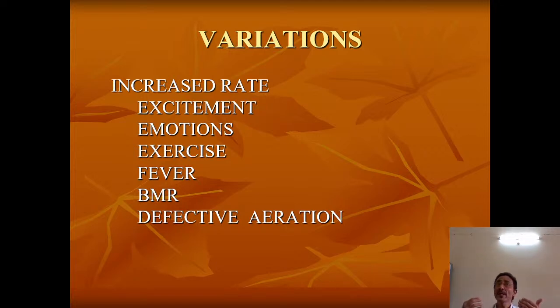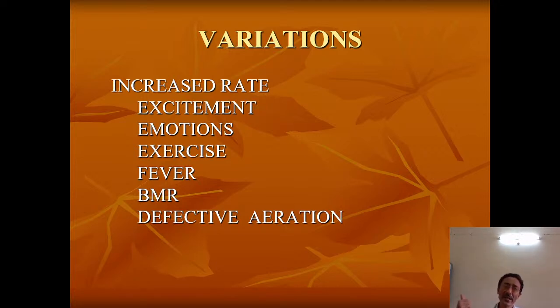Because the temperature is lowered, the cell enzymatic activity is lowered. When the enzymatic activity is lowered, the oxygen requirement is lowered. So there is a decrease in the transfer of oxygen from the alveoli to the ultimate cell, and this will decrease the respiratory rate.